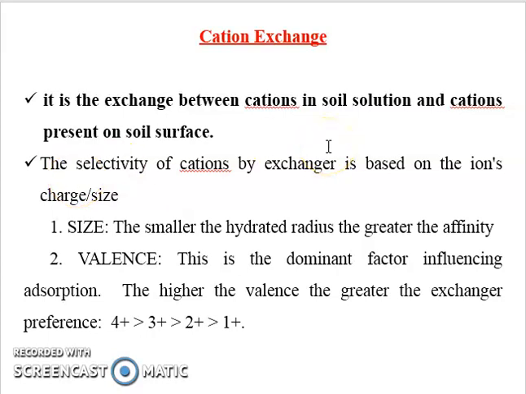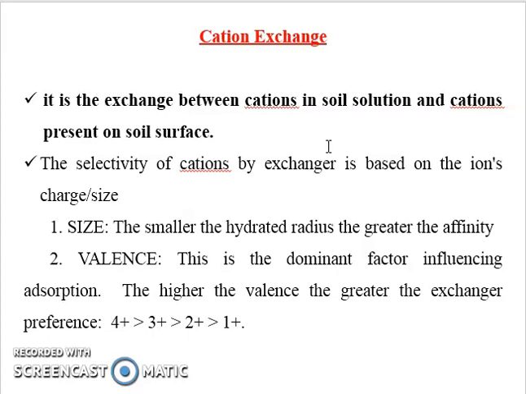Today, I will explain cation exchange and cation exchange capacity. As you know from previous lectures, the soil has a negative charge, so it should be exchanged by cations on the surface of soil charge.